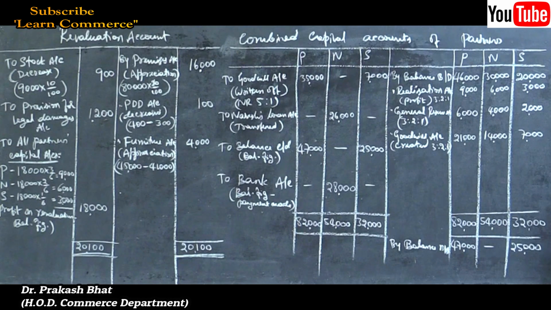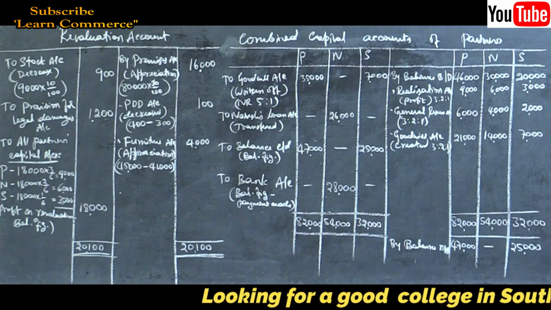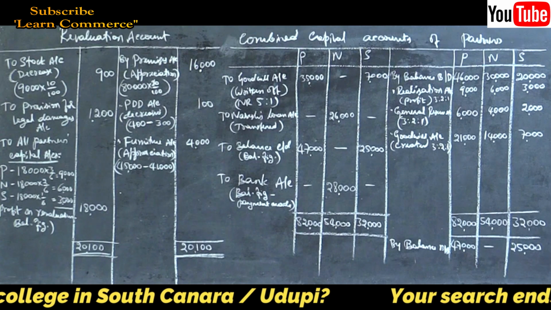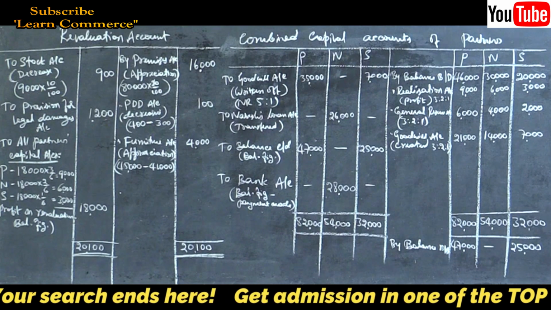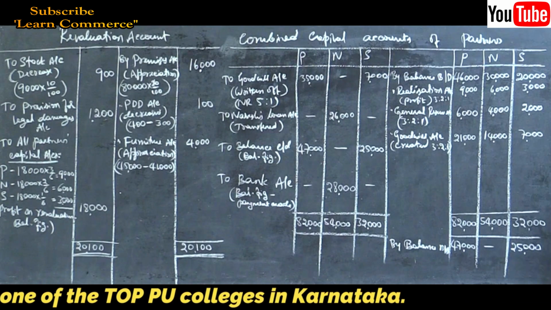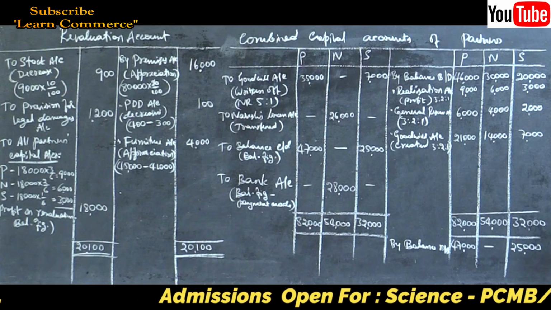Balance sheet of, who are the partners? Pankaj and Suresh. Is that correct? Saurabh, sorry. Pankaj and Saurabh as on, write the date. The date of the balance sheet.